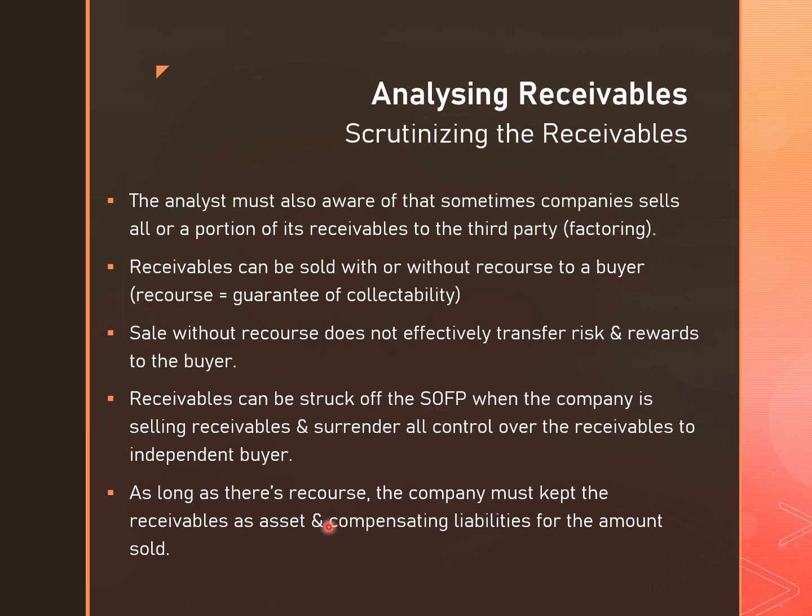Maksudnya you kena carry dia punya receivable tu sebagai you punya asset dan you kena take into account the liability yang amount yang you jual tu. Okay, but on the other hand, kalau kita jual je terus account receivable tu, kita jual je terus ke bank, lepas tu kita tak ambil tahu dah boleh collect ke tak, kita tak peduli. So in that case, kita boleh strike off the receivable from our current asset. Okay, clear? Kalau tak clear, nanti tanya balik dalam our discussion.